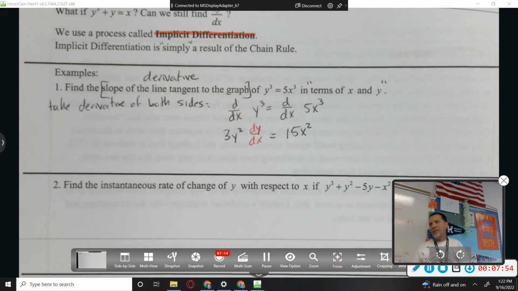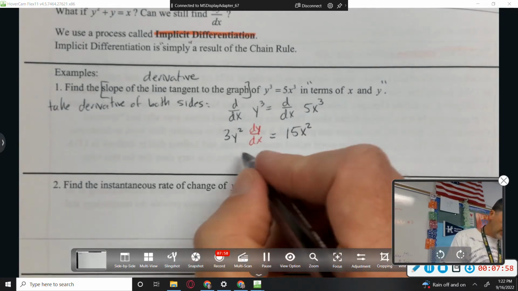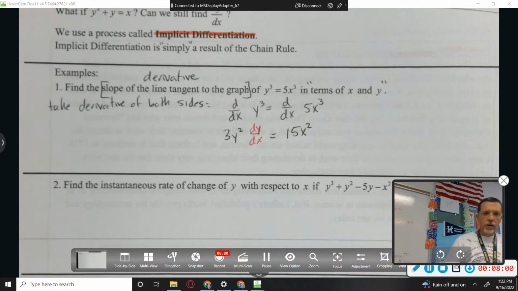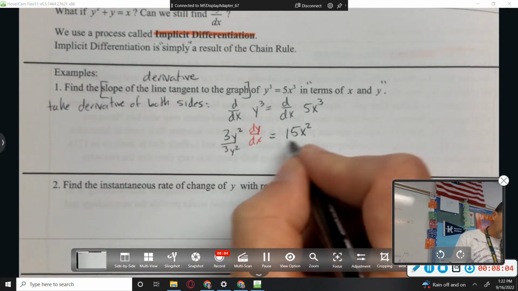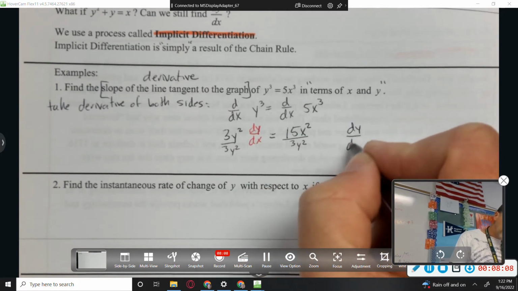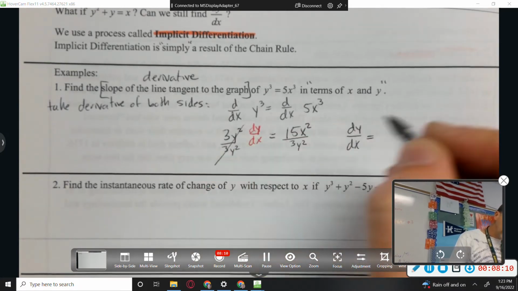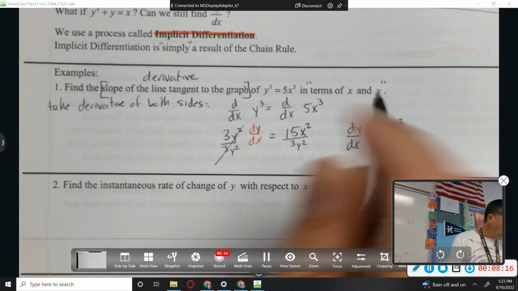And now it's just algebra. So I want to get dy dx by itself. Let's divide both sides by 3y squared. And since my 7th grader's doing this, we'll show the steps here. dy dx equals, some of that will reduce, 5x squared over y squared.